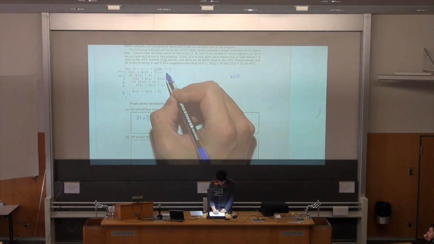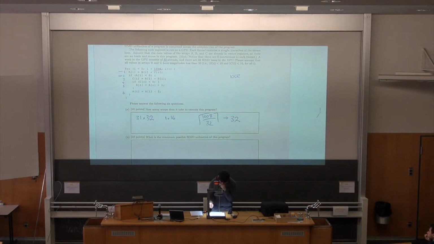So everyone just computes these two instructions. The maximum possible utilization here is the ratio of the number of threads that you have running versus the total number of threads contained in all of the warps that you have. This just comes out to be the ratio of 1008 over 1024. Any questions?